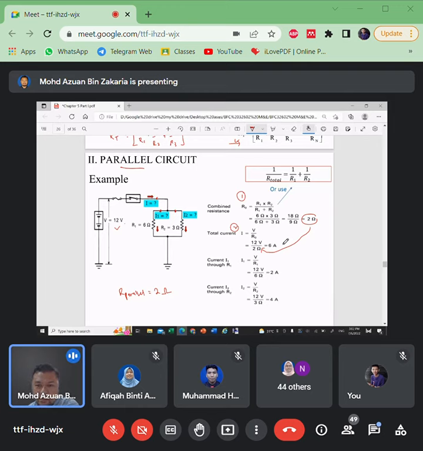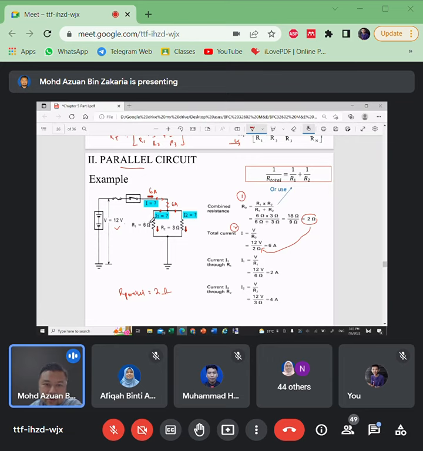Where is the 6 ampere? 6 ampere here. So 6 ampere will flow here, until before the junction it's still 6 ampere. But then the current will be split.